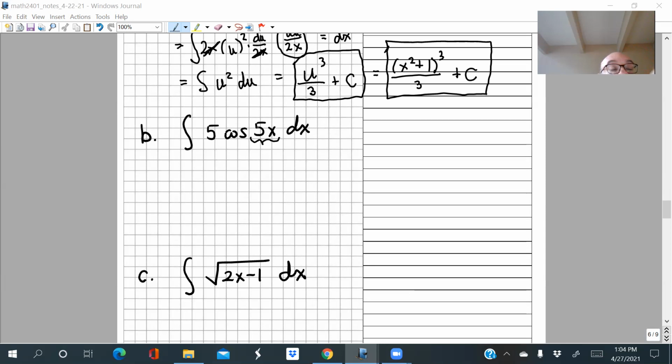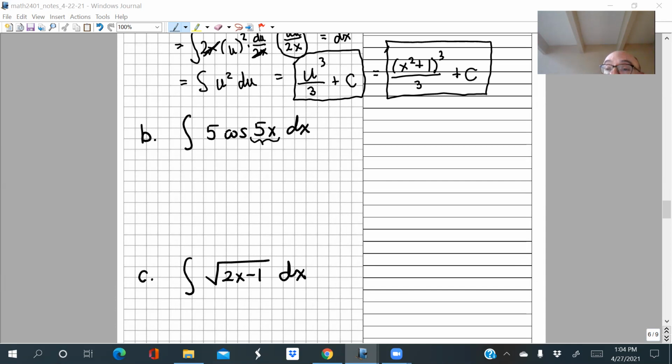Cosine of what thing, right? What expression do we have cosine of? 5x. Yeah, 5x, right, okay. If this were just cosine of x, this would be something different, okay? But this is cosine of 5x, all right? So it's an expression involving x, not just x.